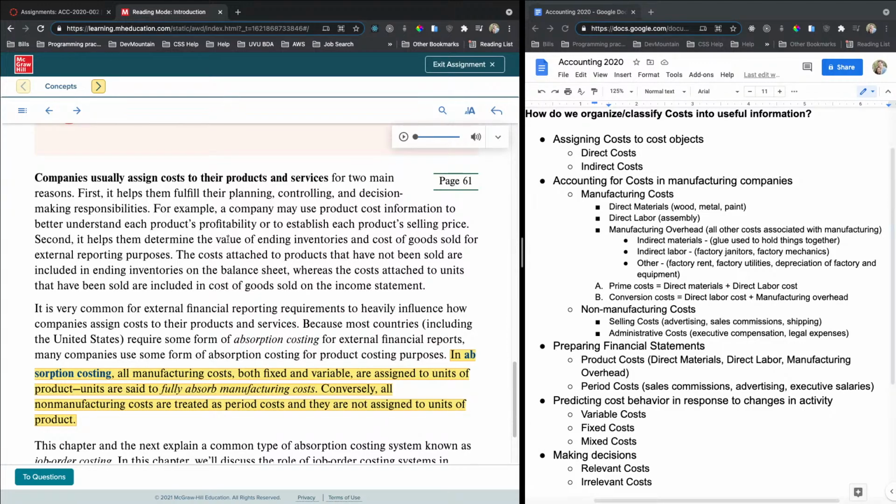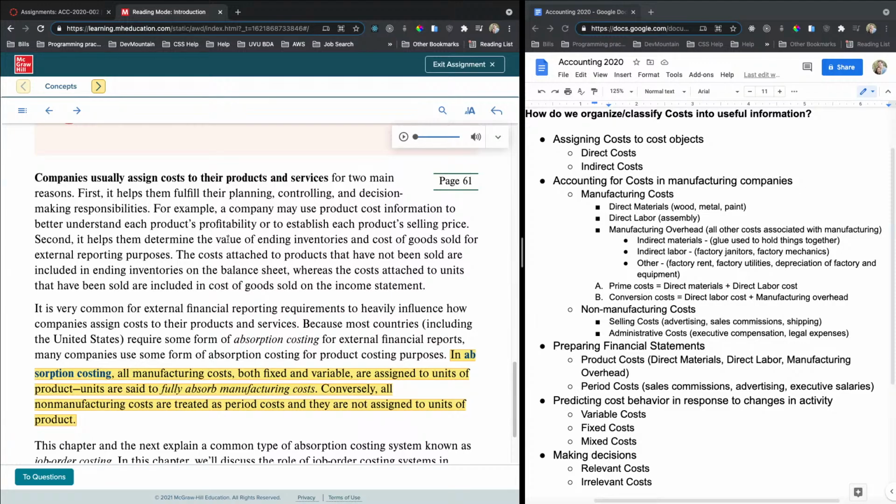But the costs attached to products that have not been sold are included in ending inventories on the balance sheet, whereas the costs attached to units that have been sold are included in cost of goods sold on the income statement, as they should, right? When you sell something, you paid a certain amount of money to get it made and be ready to be sold. If it's still in your inventory, it hasn't really been accounted for, so to say.